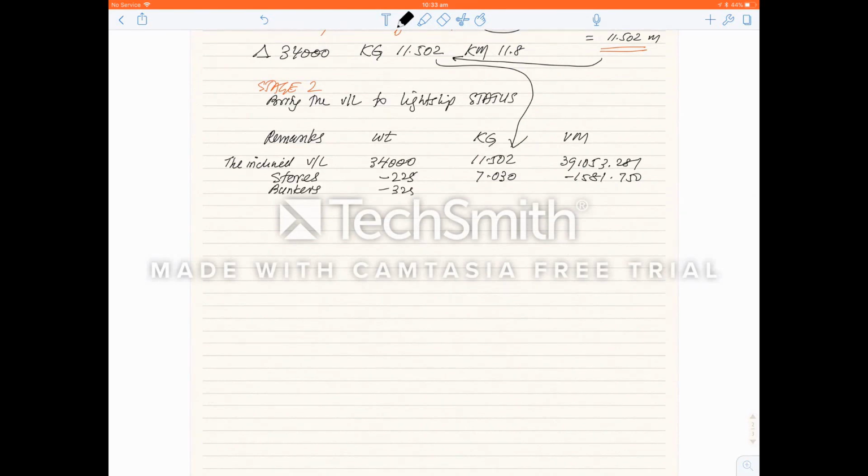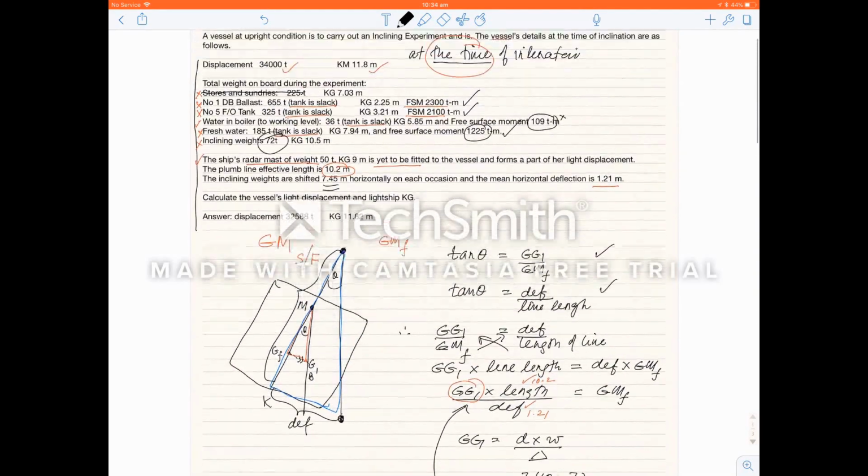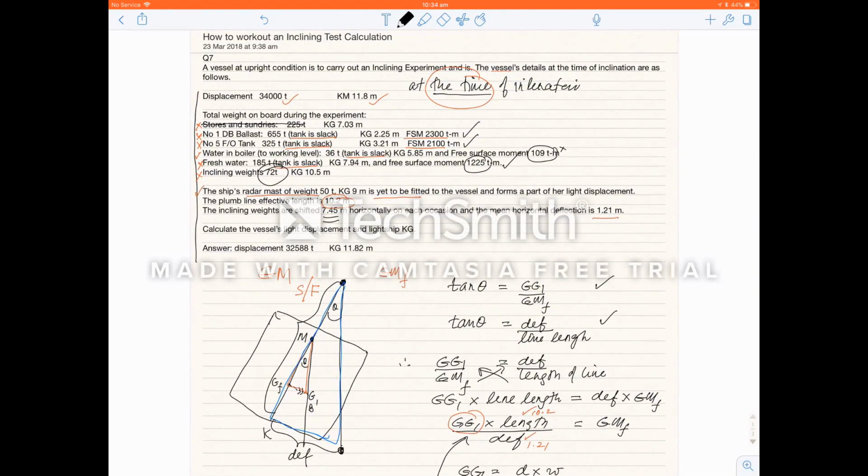Minus 325, KG 3.21. Therefore, minus vertical moments. Bunkers taken out. So when you keep striking it off, you will also keep a check whether you have missed any.